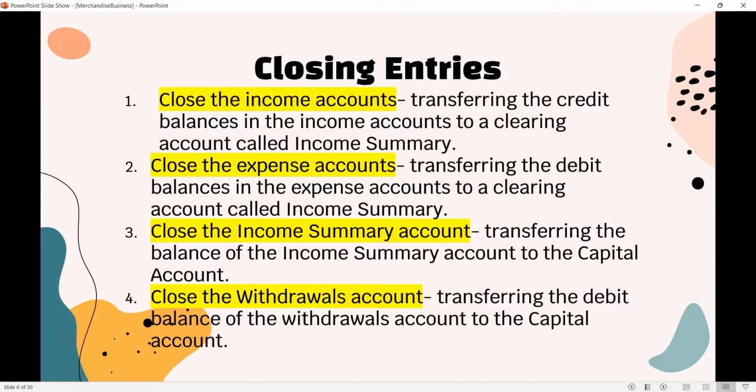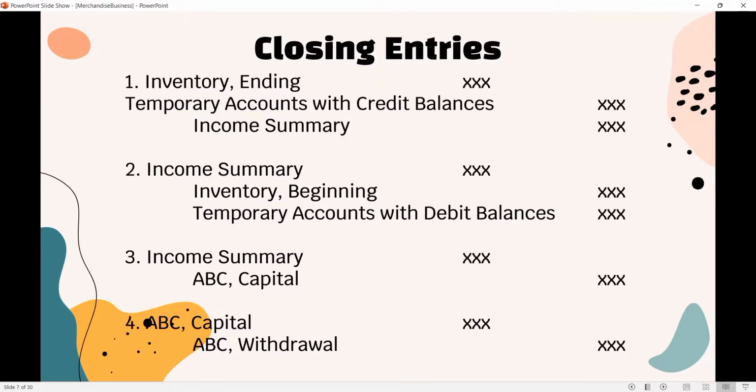So, pa-next na lang ako. So, yung number 1 natin, close the income accounts. So, yan yung ating entries. So, debit mo yung temporary accounts with credit balances, which is your revenues, and then, i-credit mo ang iyong income summary.